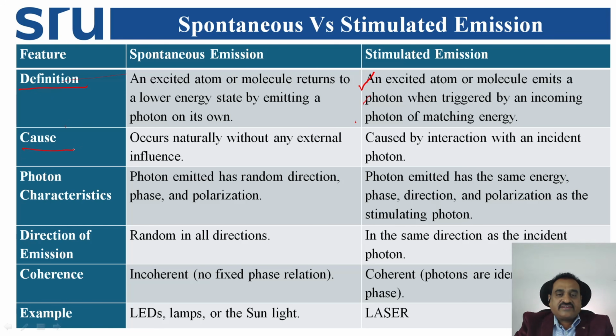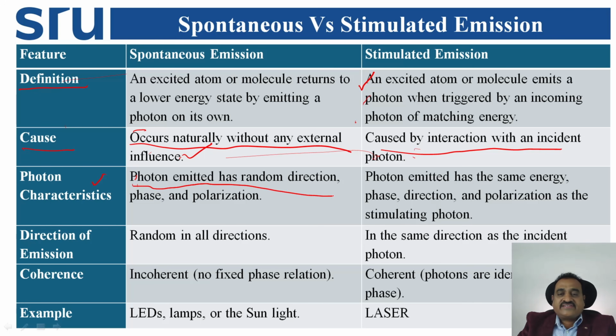So, what is the reason? Spontaneous emission occurs naturally without any external influence. Stimulated emission is caused by interaction with an incident photon. Photon characteristics: the photon emitted in spontaneous emission has random direction, phase, and polarization.